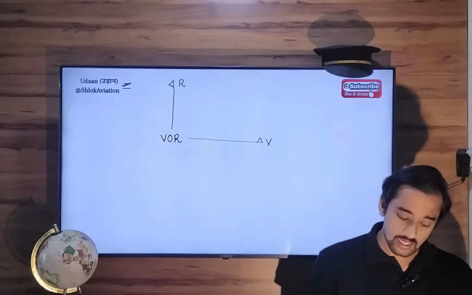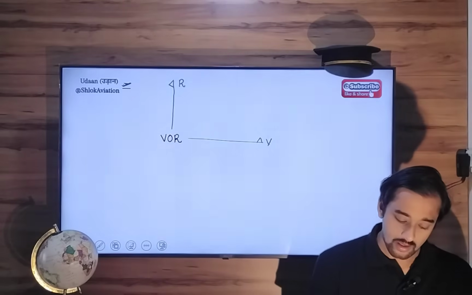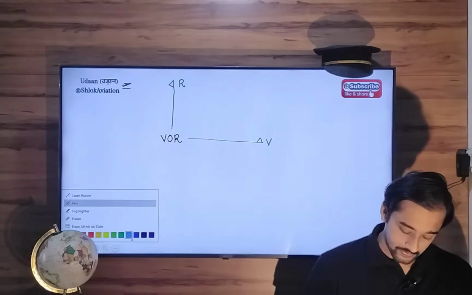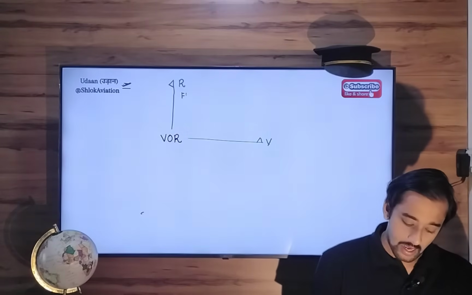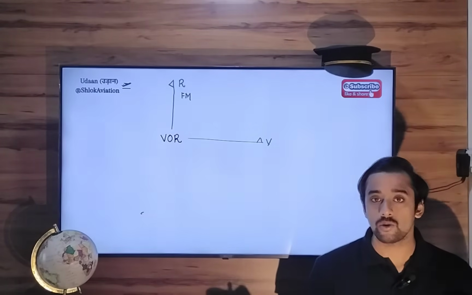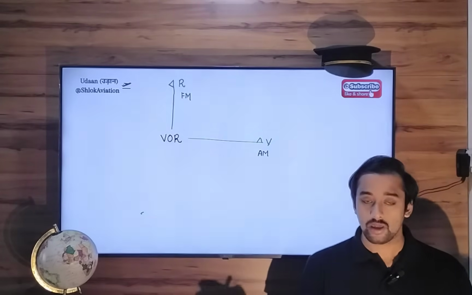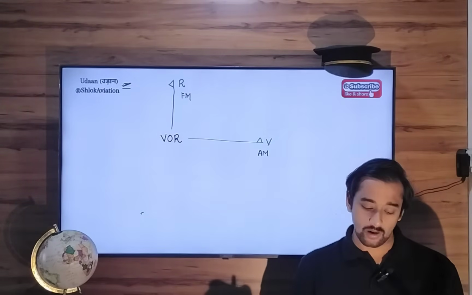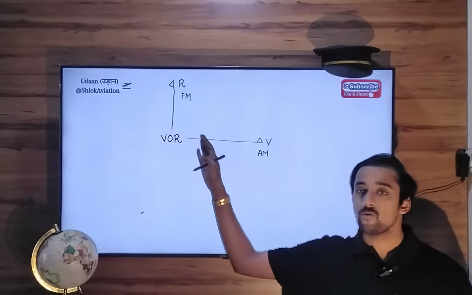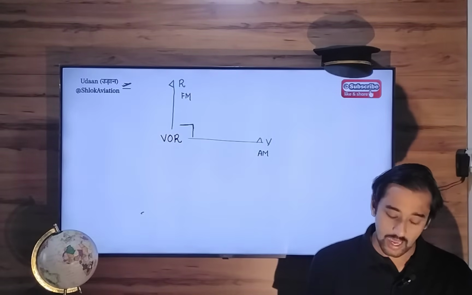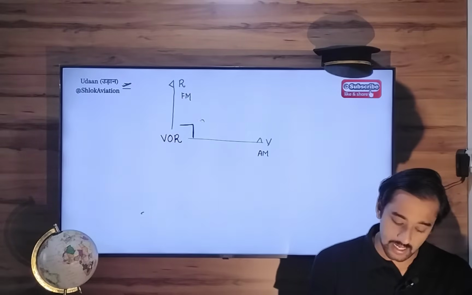So the reference signal is frequency modulated, and the variable signal which rotates around the VOR is amplitude modulated. Okay, the phase difference between your reference signal and your variable signal, or in this case the angular separation between them, is 90 degrees.